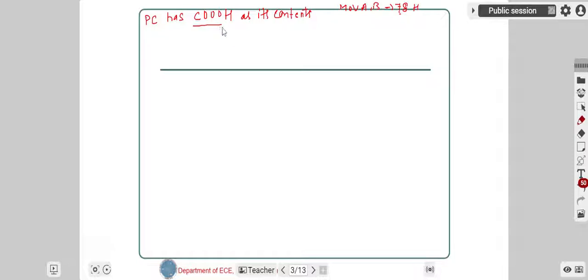What it means is that 8085 desires to fetch and execute the instruction starting at memory location C000H. So 8085 desires to fetch the opcode from this location, because the program counter contents are initially C000H.